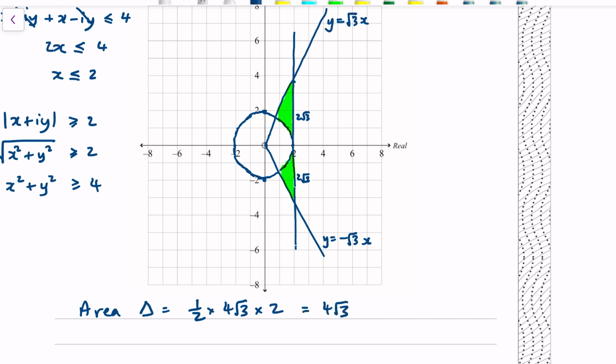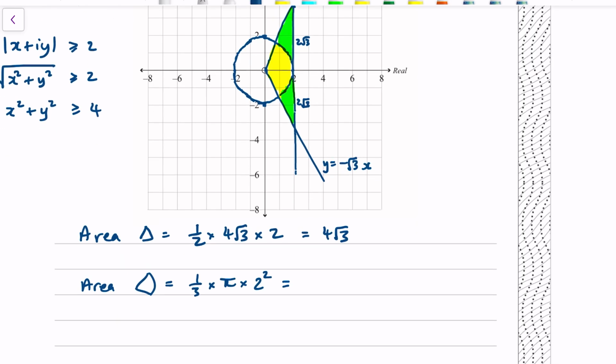And then of course we need to remove this little sector, and that's where the 120 degree angle is used, because 120 is a third of a circle, and the radius of that circle is 2. So the area of the sector is a third of pi times radius squared, and that there is 4 pi over 3.